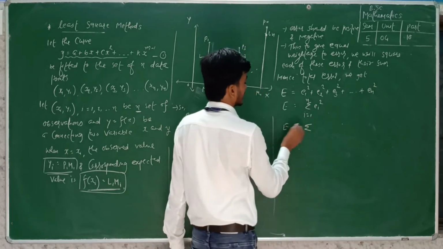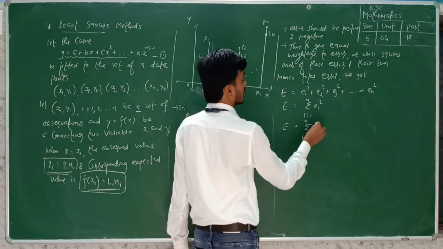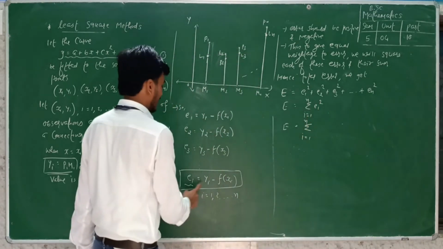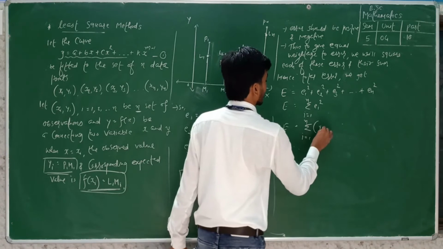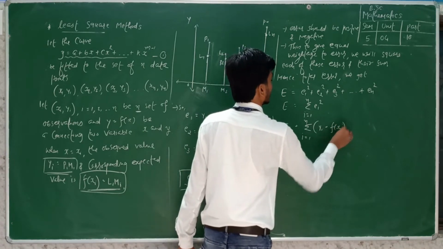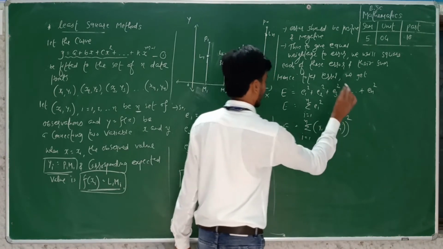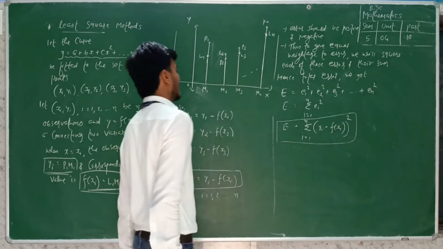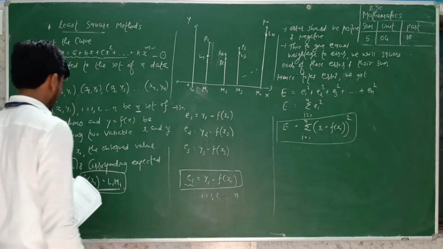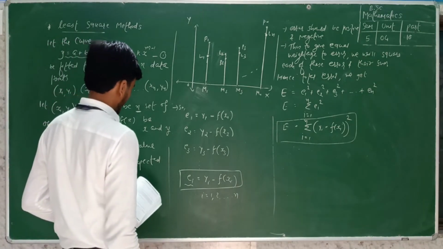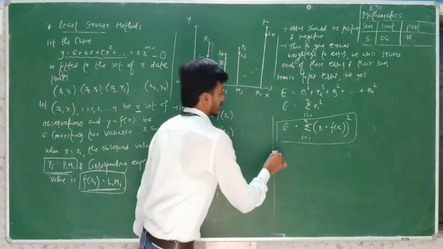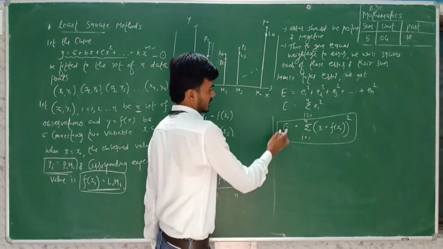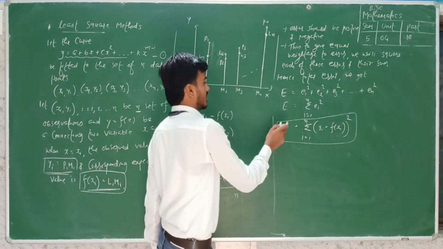So E is equal to the sum from i is equal to 1 to n. What is ei? ei means yi minus f of xi. So E is equal to sigma i is equal to 1 to n of yi minus f of xi, whole square. Now, this is the total error.